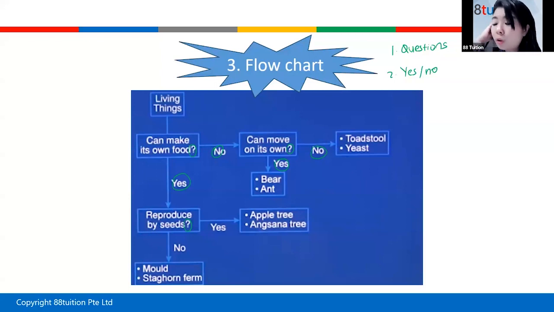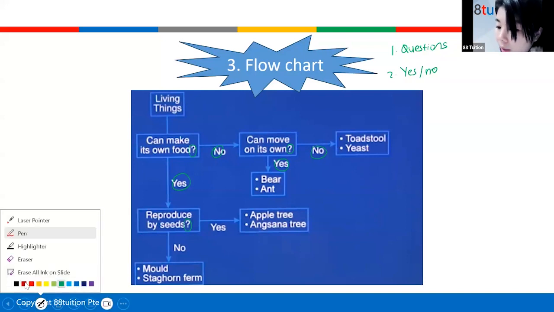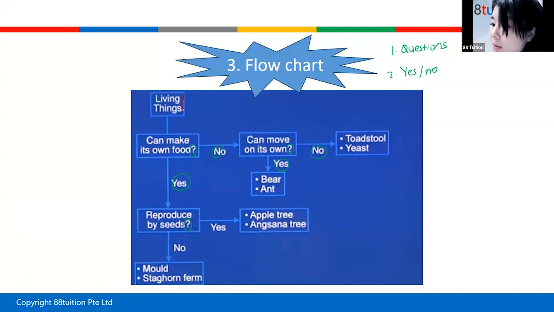If you follow my guidance, if we look at living things, the first question is, can it make its own food? Depending on whether it can make its own food, I will branch into the right-hand side or downwards.